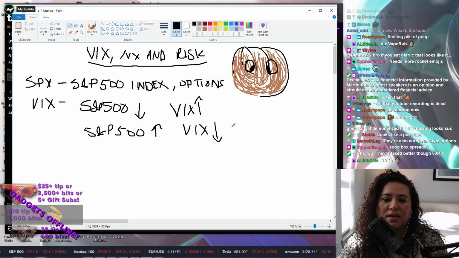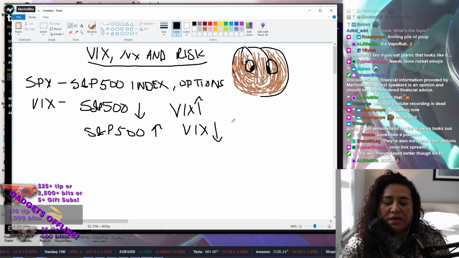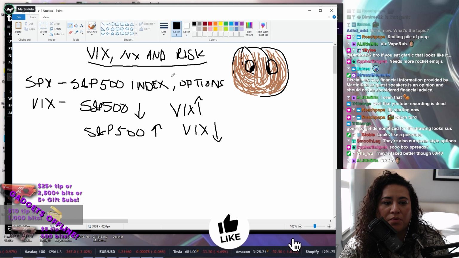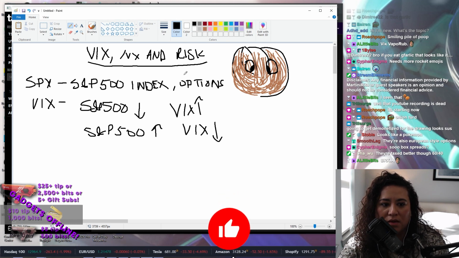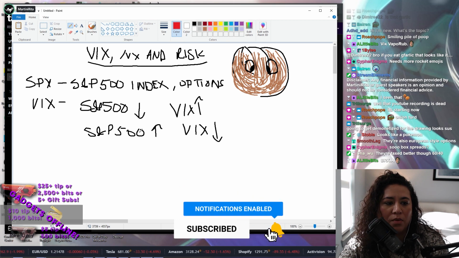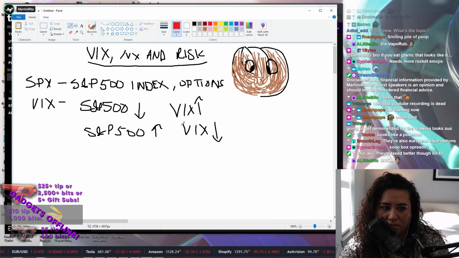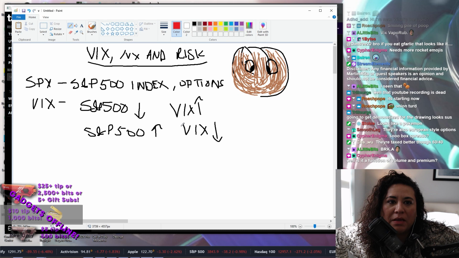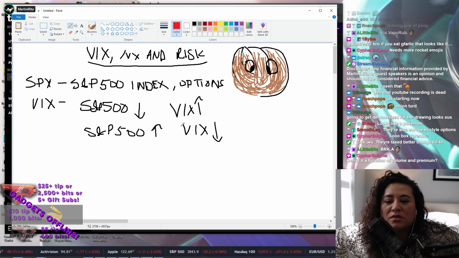Is that surprising to anybody else? It should be, because if VIX is just the measure of the premium being bought, then technically VIX should go up when S&P goes up a lot, but it doesn't. People are afraid. That's a reason why it's called the fear index.